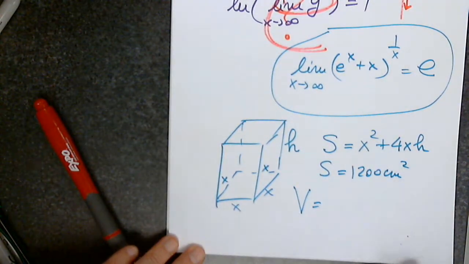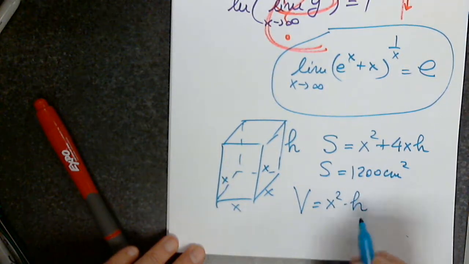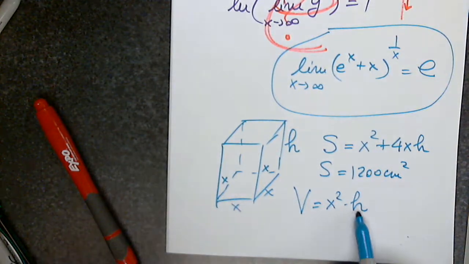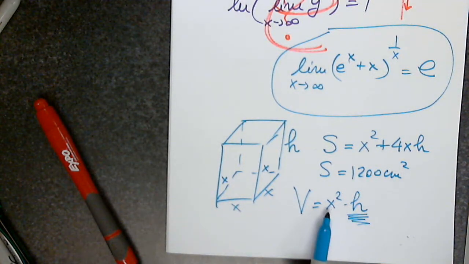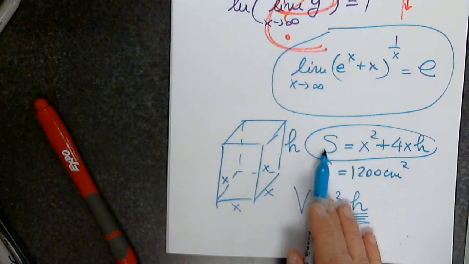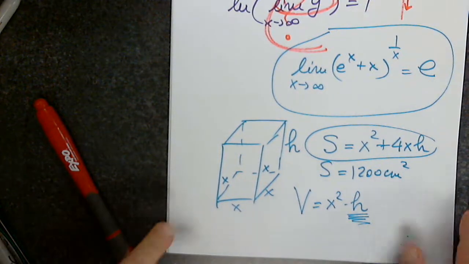I have to create a function for the volume, which is area of the base times the height. So obviously, I want to eliminate the height from here, so I can have a function in x. I have to solve this equation in which I replace s by 1200 and solve for h.